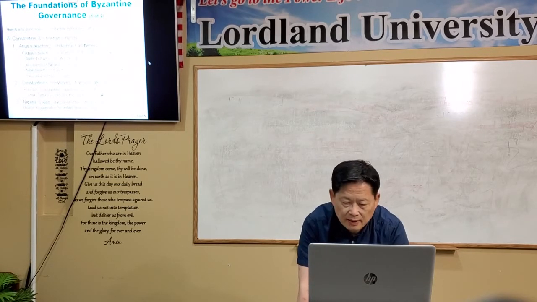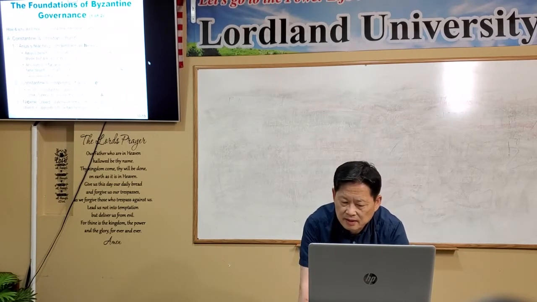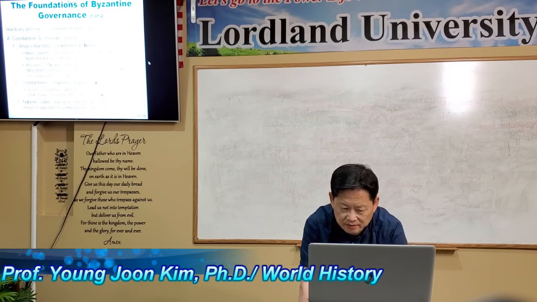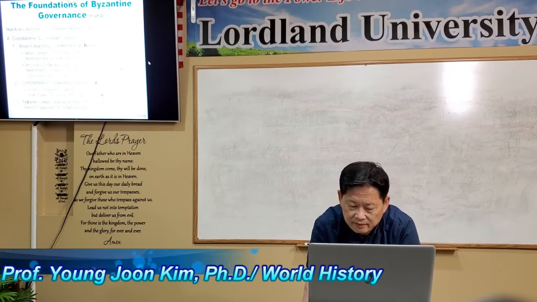Emperor Constantine convened the ecumenical council in 325.